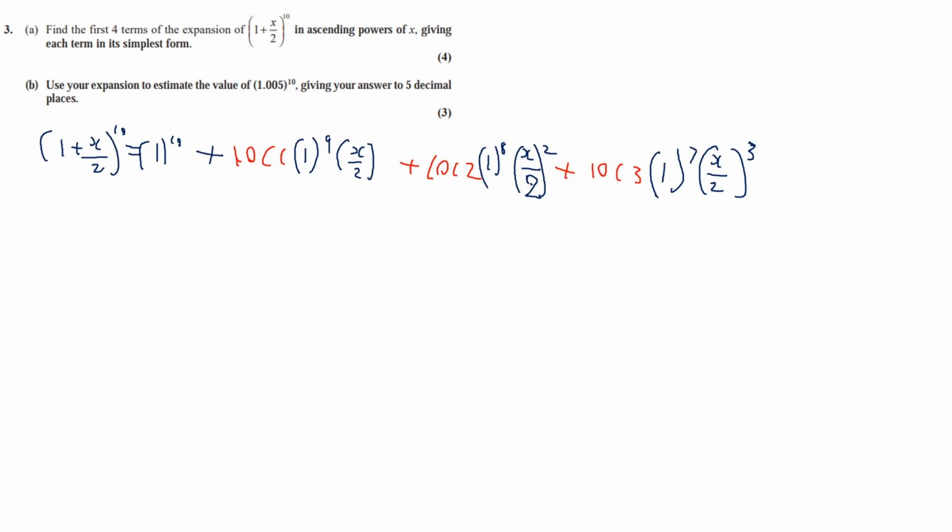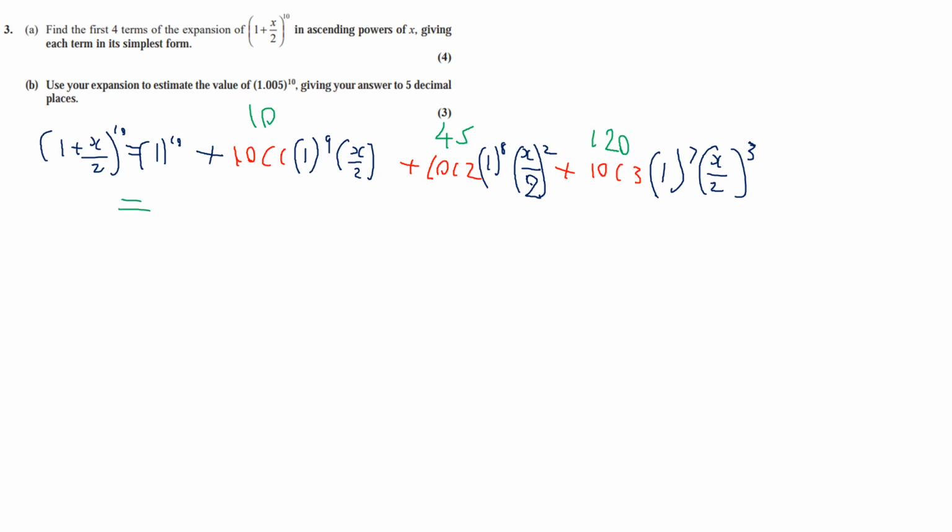Right. What are all of these? If you want to pause the video to work those out, then be my guest. If not, not a problem. I'll just tell you what they are. This is obviously 10. Shouldn't come as a surprise. This should be 45. And this one should be 120.